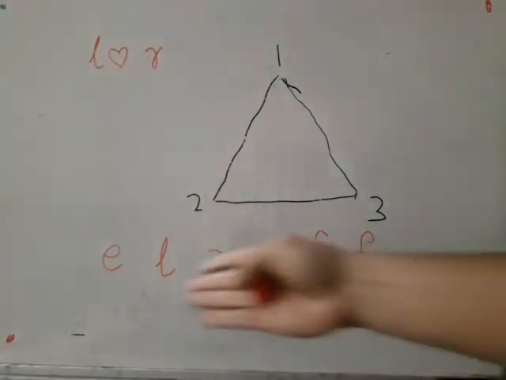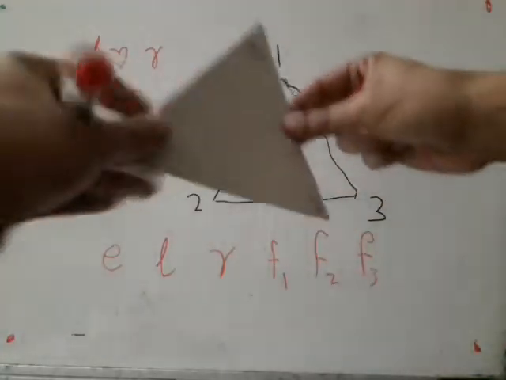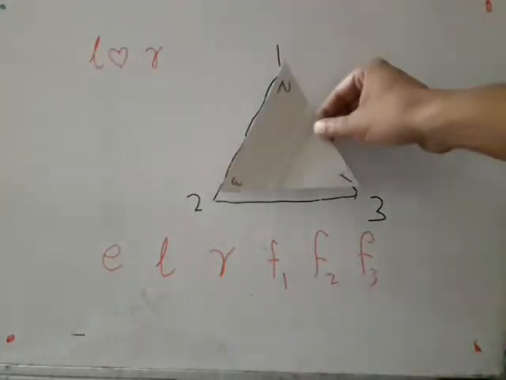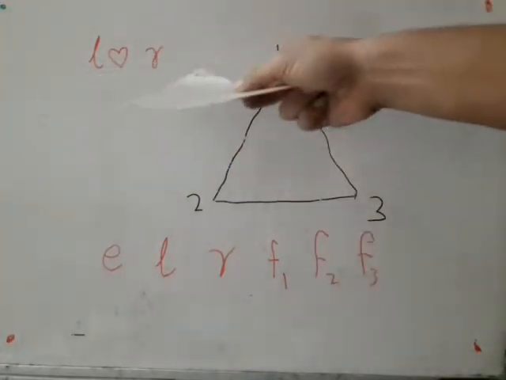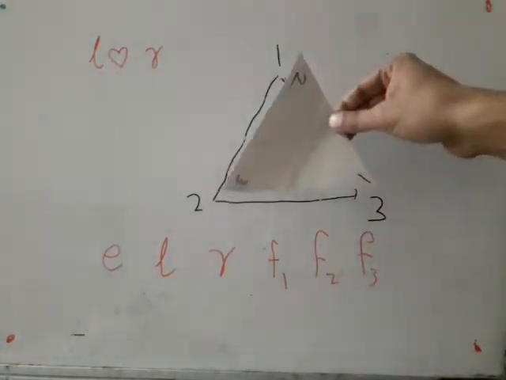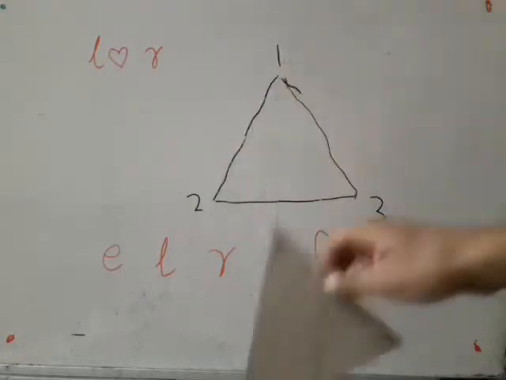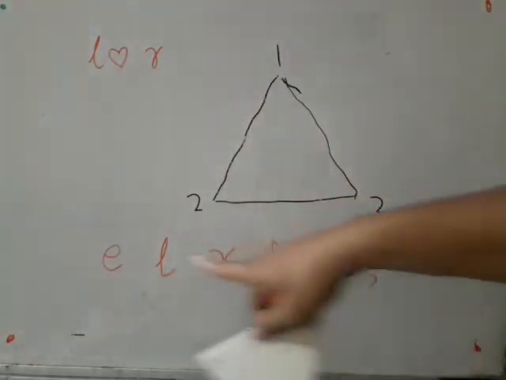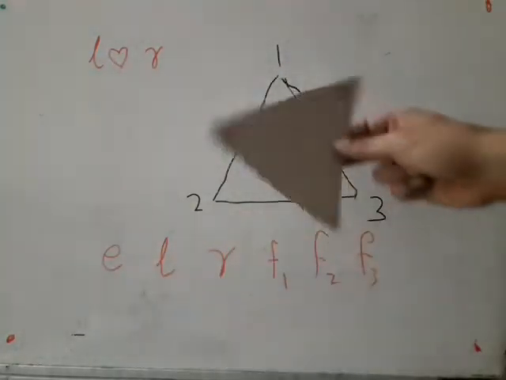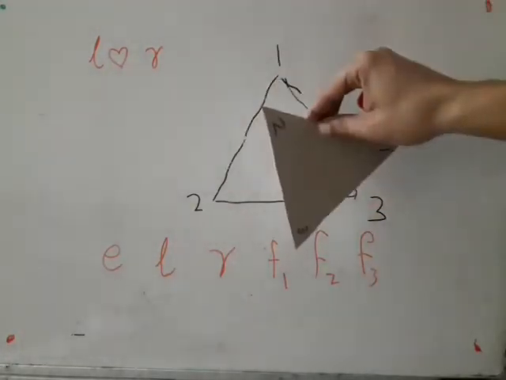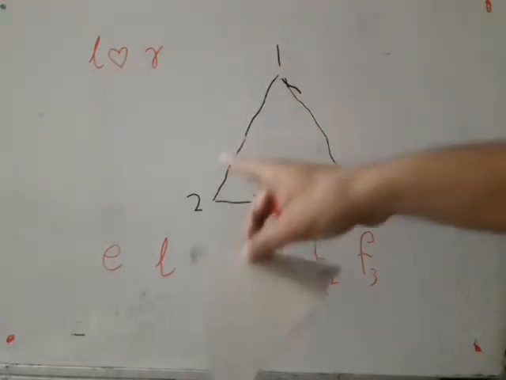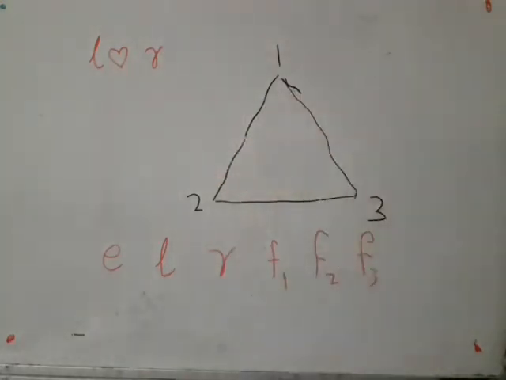I know that I must get one of these 6 because if after the first operation it fits and after the second operation also fits, then if you do both the operations, it will continue to fit. And if it has to fit here, the net result must be one of these 6 because these are the only 6 operations that I can carry out on the triangle such that it fits back into its original position.